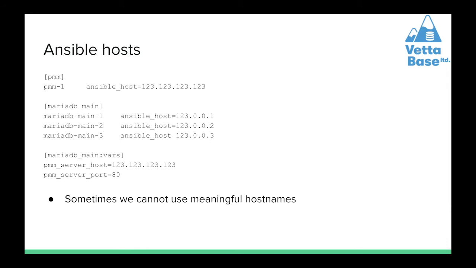So if we cannot or don't want to use meaningful host names, we can use meaningful aliases, and this will be very useful especially when we have many servers, because it becomes very easy to remember names of the servers you want to deploy and so on.